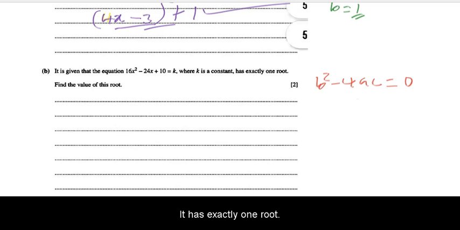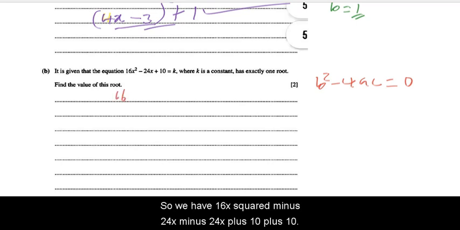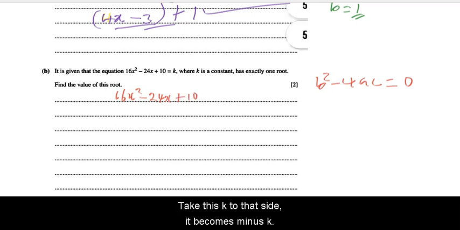So we have 16x squared minus 24x plus 10, take this k to that side, it becomes minus k. This must be equal to 0.